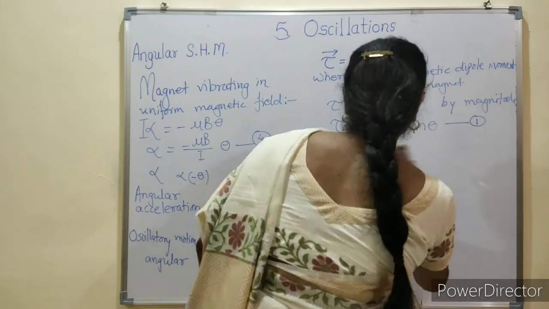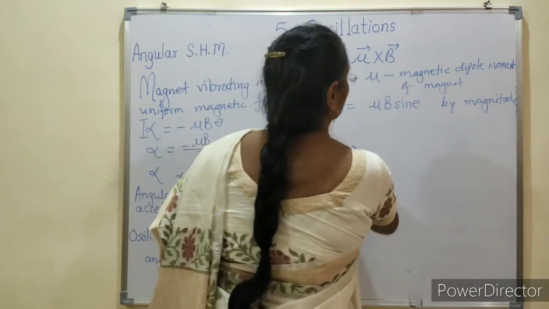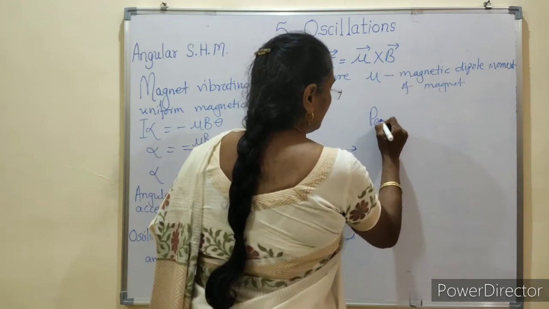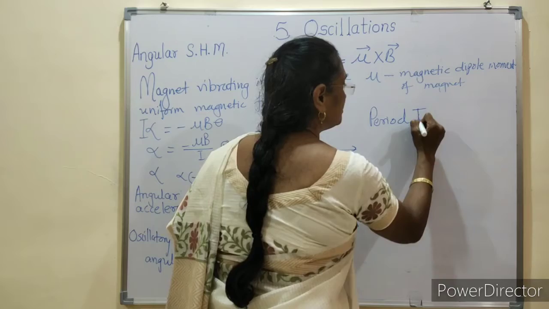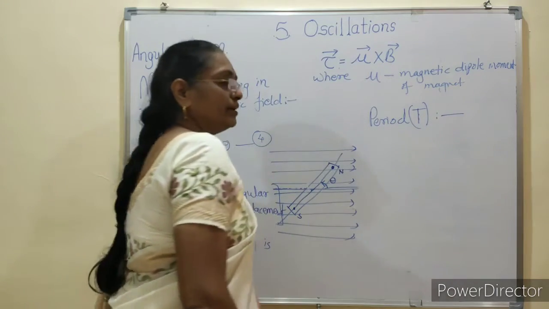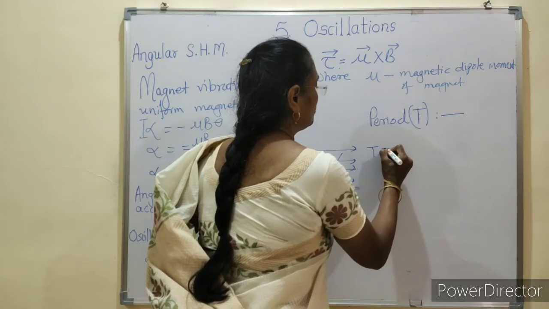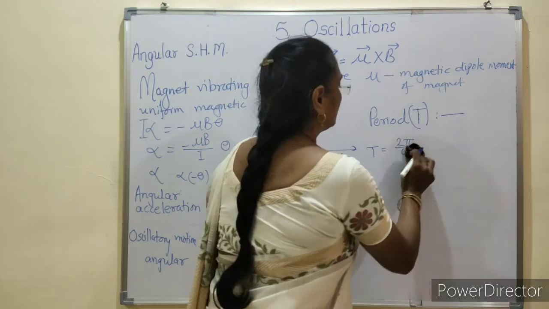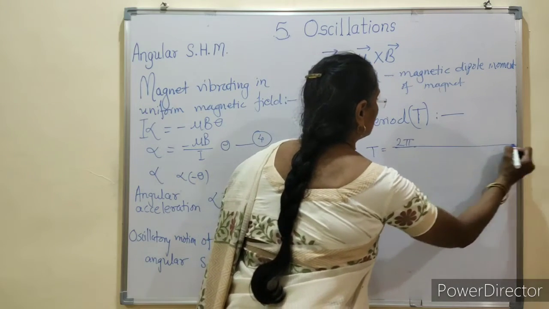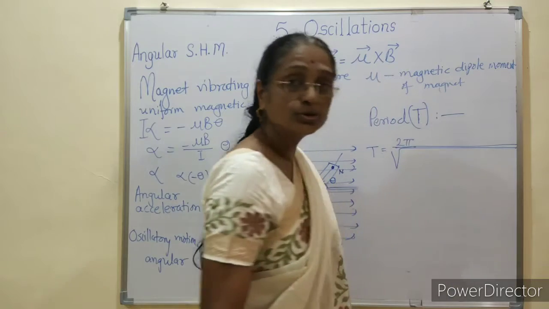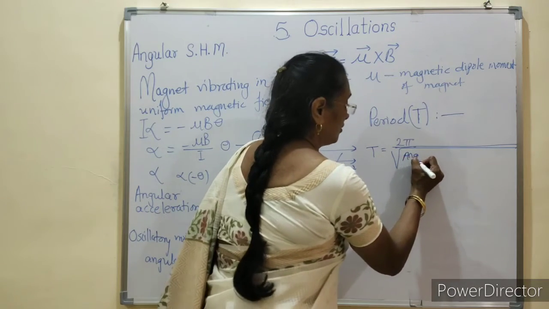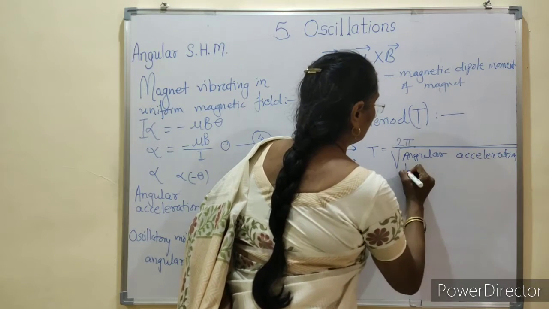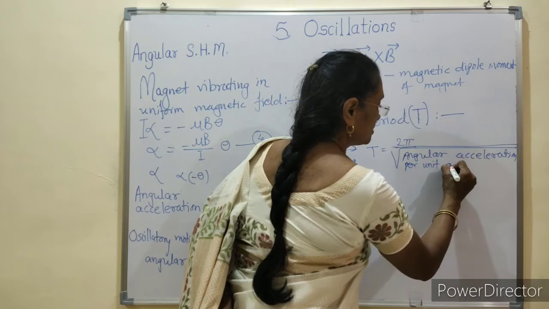The period is denoted by T, and T is mathematically twice pi upon omega. In words, we can write twice pi upon the square root of angular acceleration per unit angular displacement.